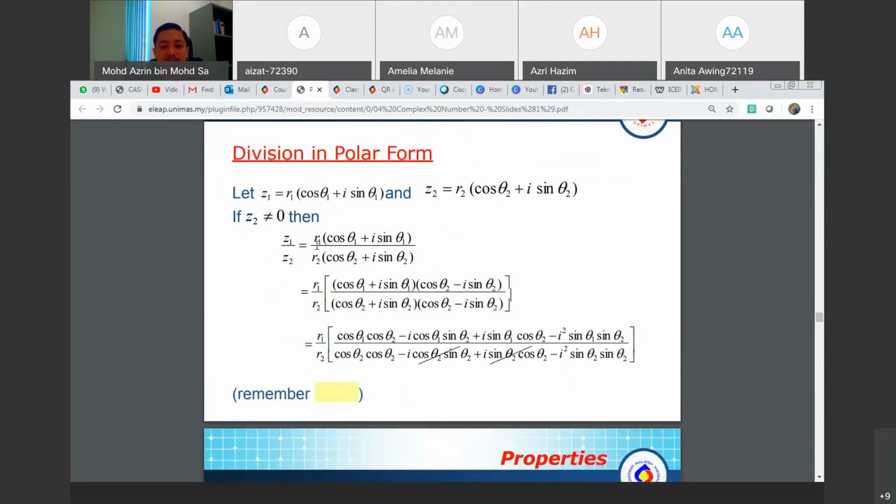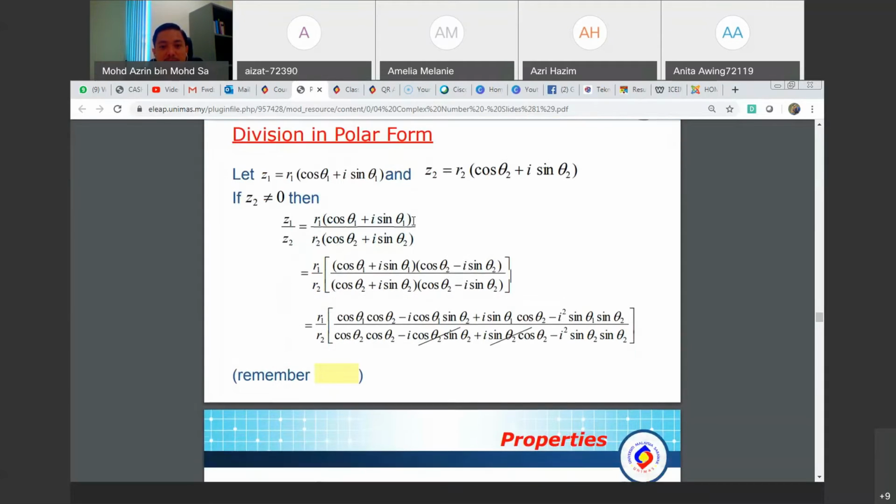So it is the same thing. Just substitute the equation back in. This is to show you how it works and what the formula is for Z1 divided by Z2. And then you multiply all this part by the conjugate of the denominator.